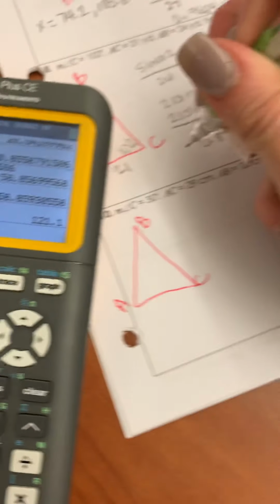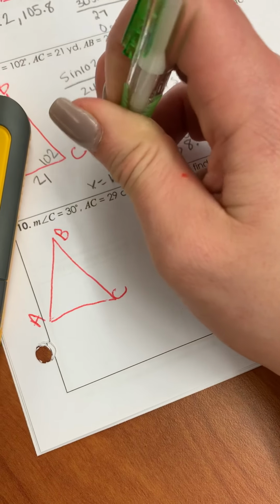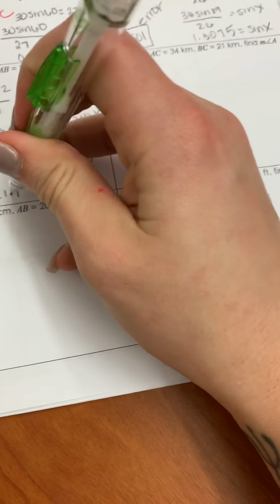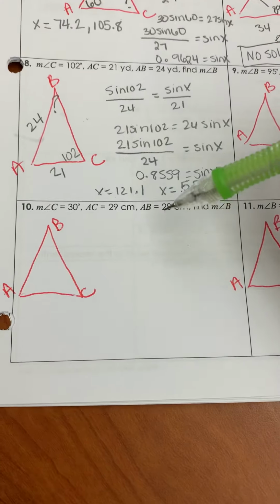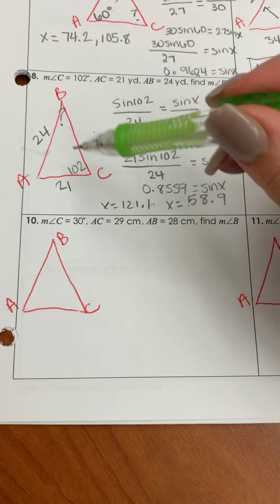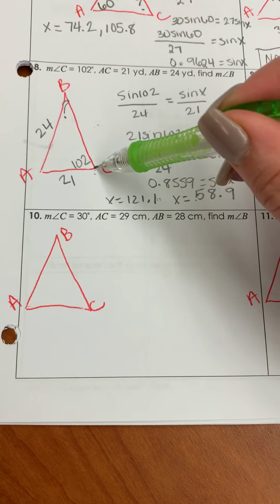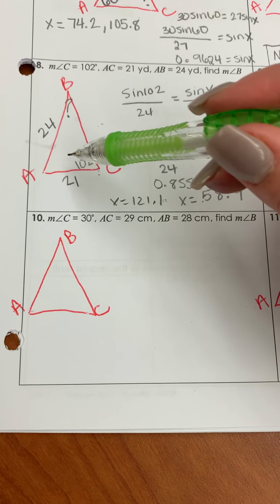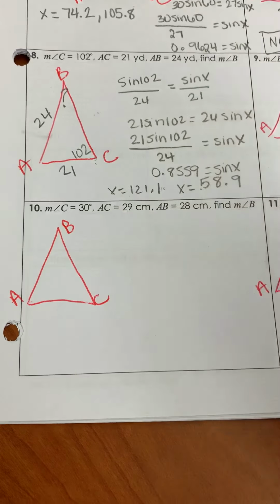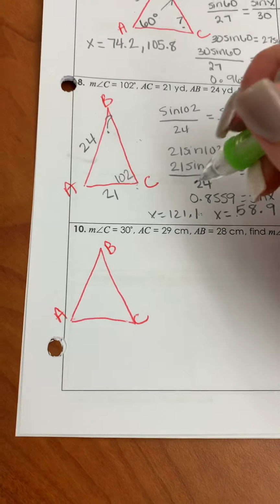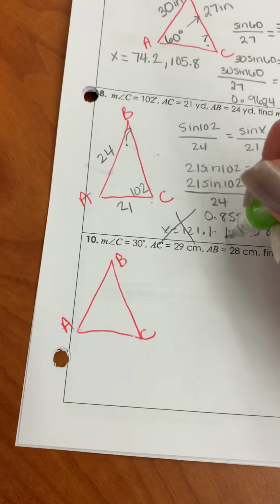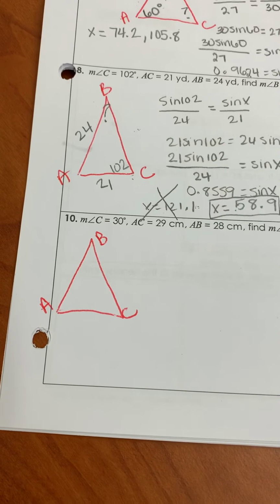So it could also be 121.1, but that isn't going to work, because I already have an obtuse angle, and I can't have two obtuse angles in a triangle. That's just not possible. So this other angle is not true. So this is the only one that's going to work.